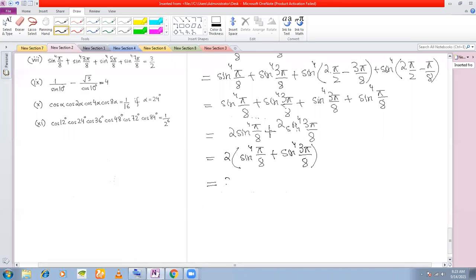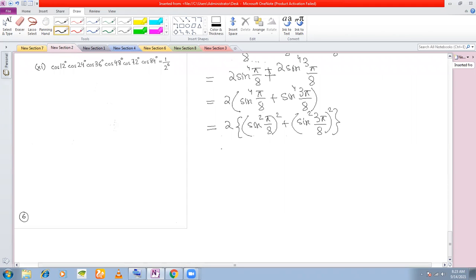Now you see that sine to the power of 4 pi by 8 can be written as sine square pi by 8 square plus sine square 3 pi by 8 whole square. Okay. Now this is a square plus b square. And you know that a square plus b square is a plus b whole square minus 2ab, right?